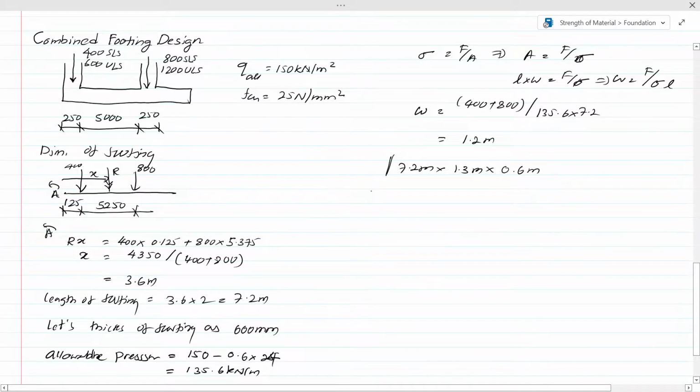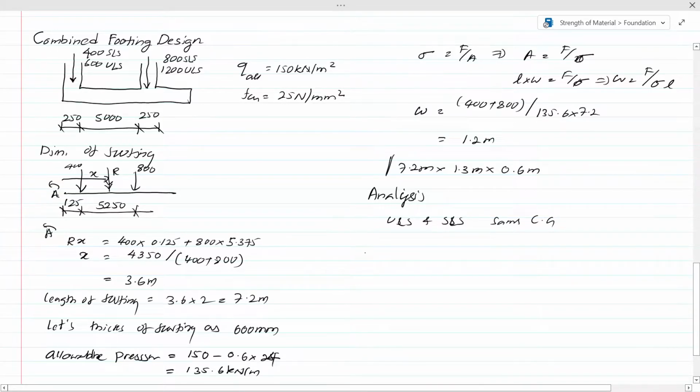Let's do the analysis of the footing. First, you need to calculate the pressure under the footing at the ultimate limit state. For that, we assume the center of gravity, or the load center, is the same as we considered for the ULS. Then ULS and SLS load centers are the same. Center of gravity same. Right?